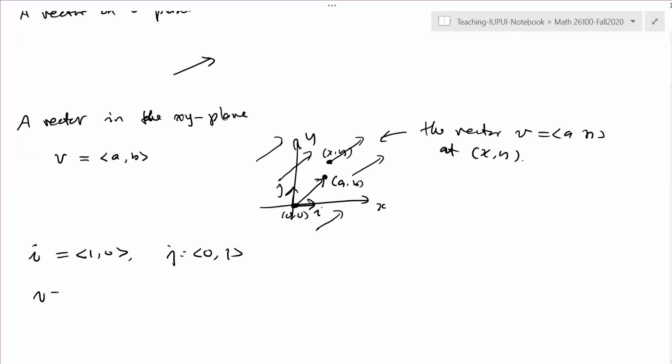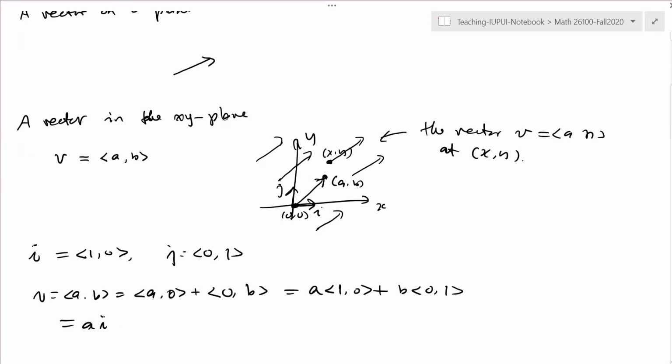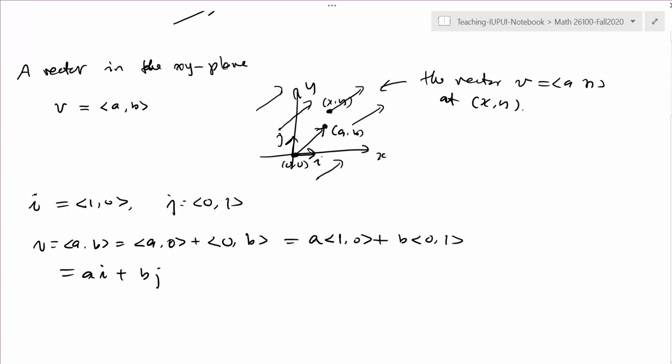So any vector (a, b) can be written in the form a(1, 0) plus b(0, 1). Taking a and b out, it's written as ai plus bj. So it's a linear combination of those two vectors.